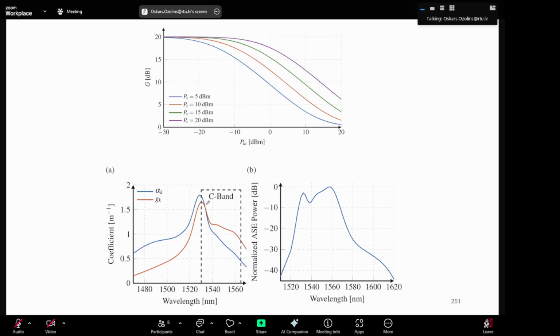What is also important is the gain spectrum, this is typical for the C band. It's also similar for the noise figure here.